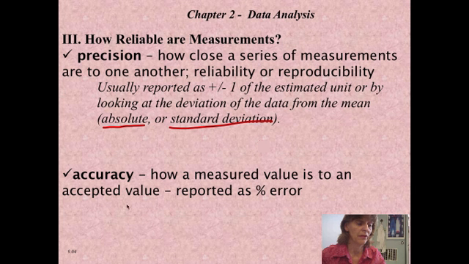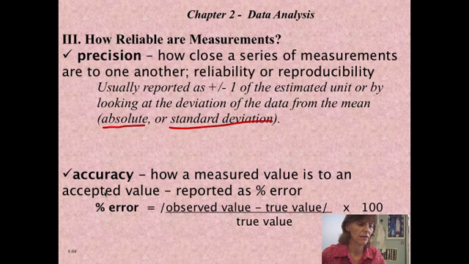Accuracy is measuring how close it is to the accepted value, reported as percent error. Percent error is compared to, again, the true value. How far is your measurement away from the true value as a percentage of the true value?